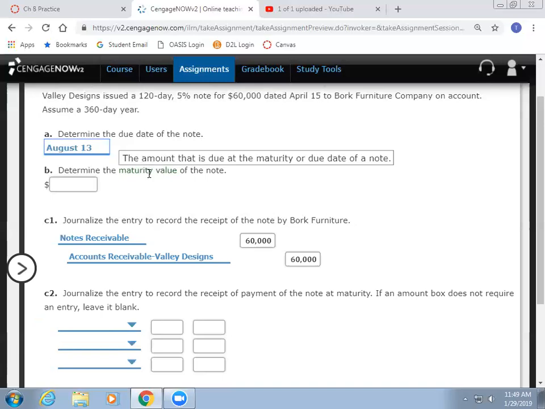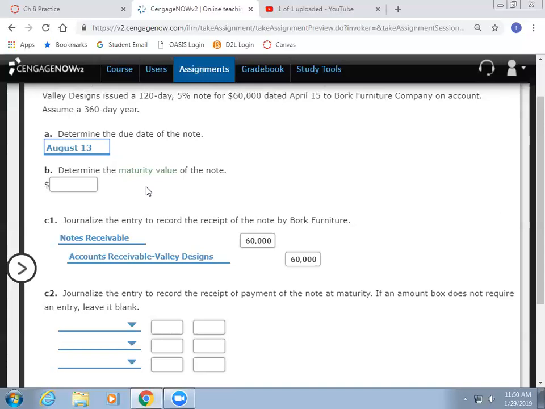When this note is due, we have what we call a maturity value. The maturity value of the note is the face value of the note plus interest. To calculate interest, we always take the original amount of the note, the $60,000, times the interest rate, which was 5%, times the time in days.